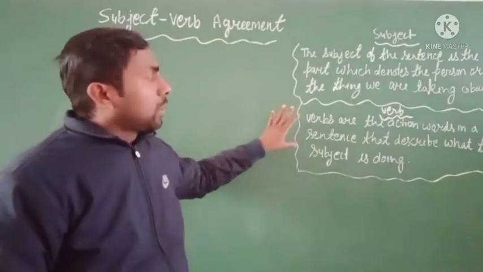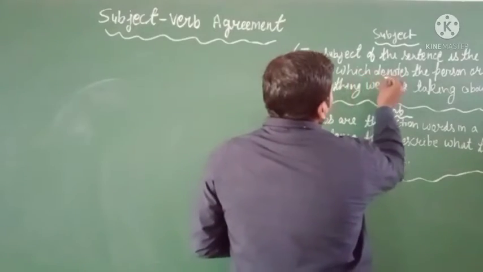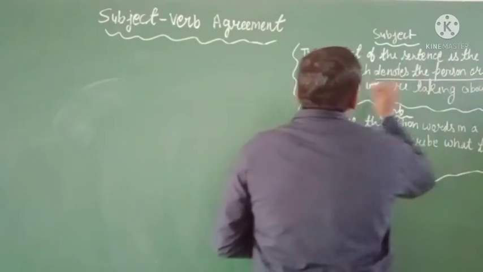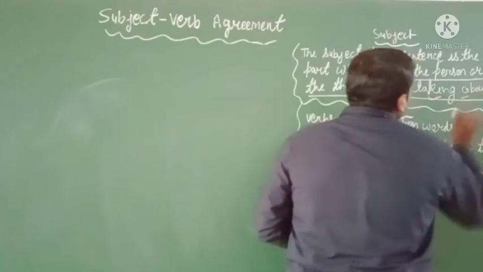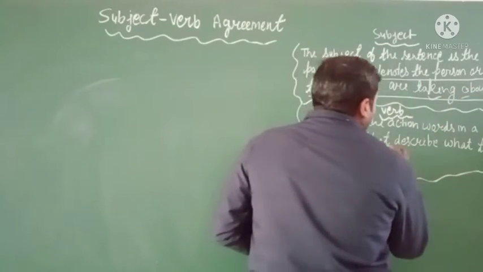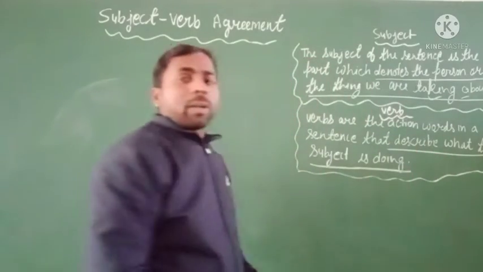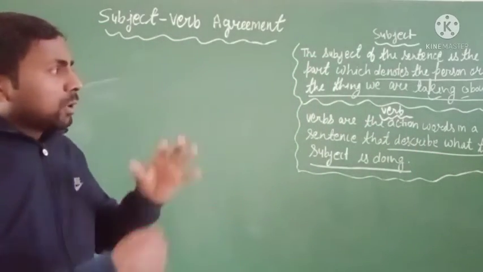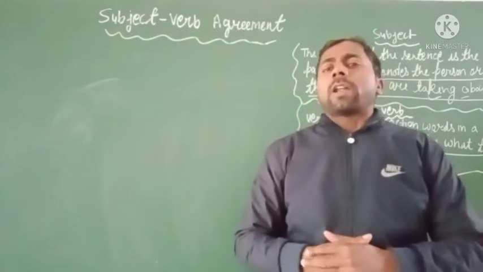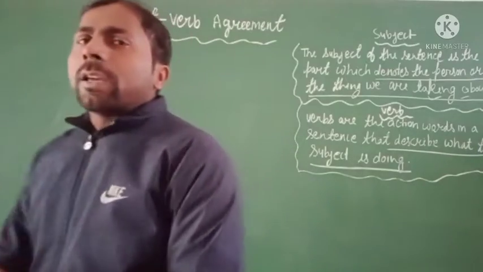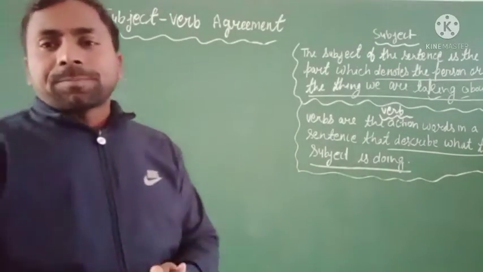Here, it denotes the person or the things that we are talking about, and here, it describes what the subject is doing. So both definitions show the connection of the subject and verb, and we can say it is the subject and verb agreement.